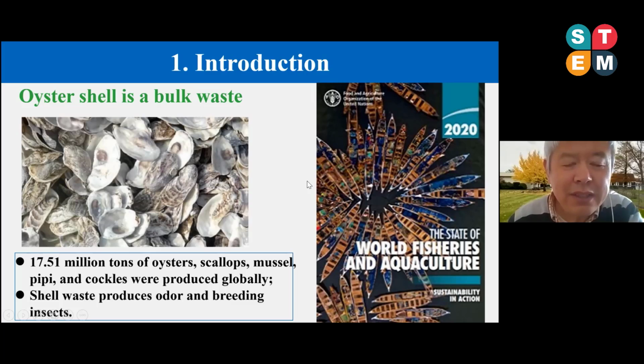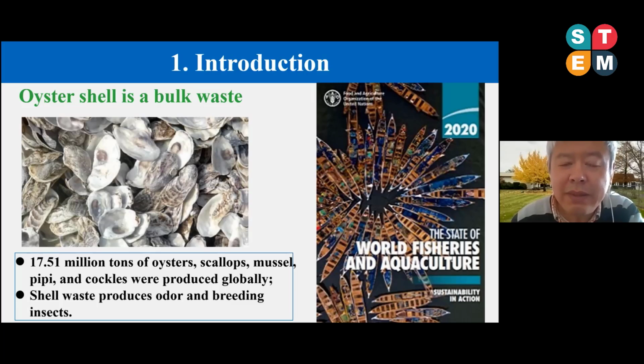So oyster shell is a bulk waste, and globally there's 17.5 million tons of oyster and similar species produced. And I think in China it's about 5 million tons every year.